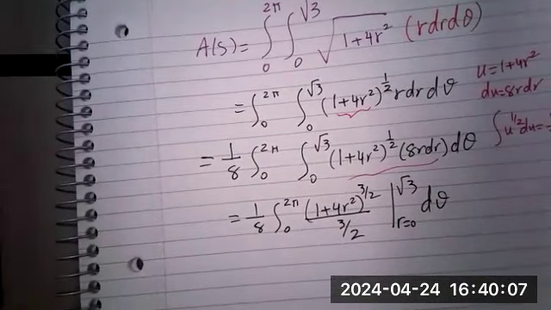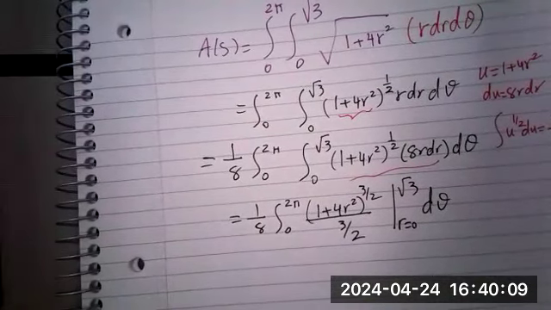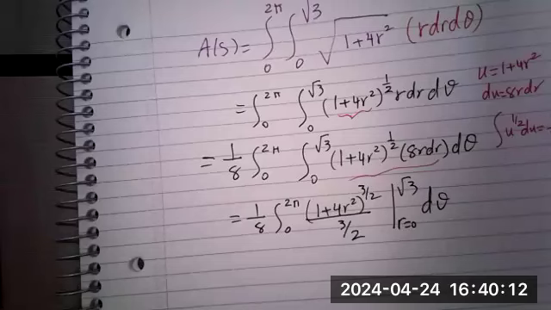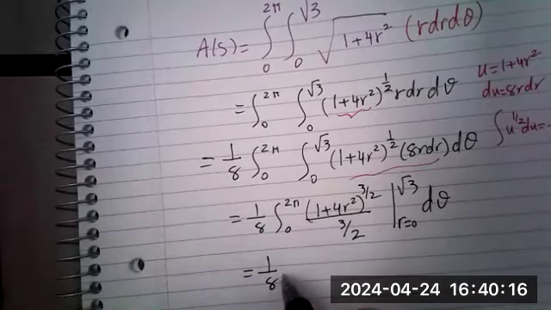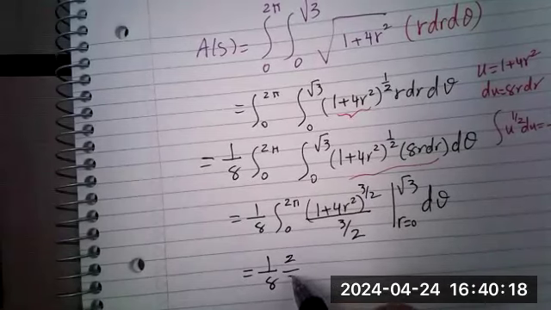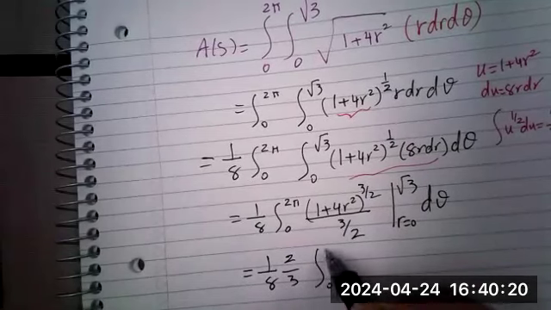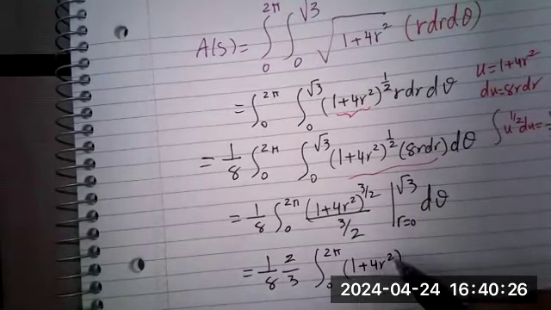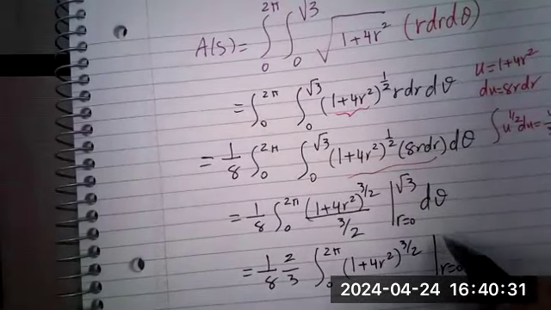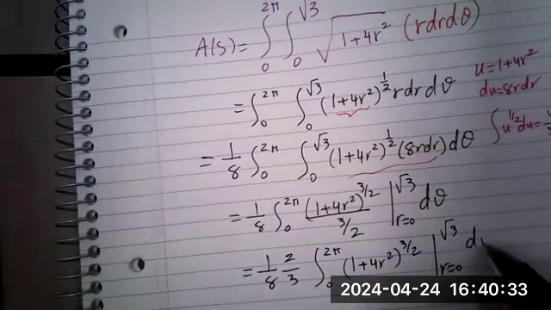And that's going to be a nice number. When you substitute, you take out of the 3 halves, make it 2/3, bring it out. 1/8, 2/3, 0 to 2 pi, and this would be 1 plus 4r squared to the 3 halves, going from 0 to radical 3, d theta.